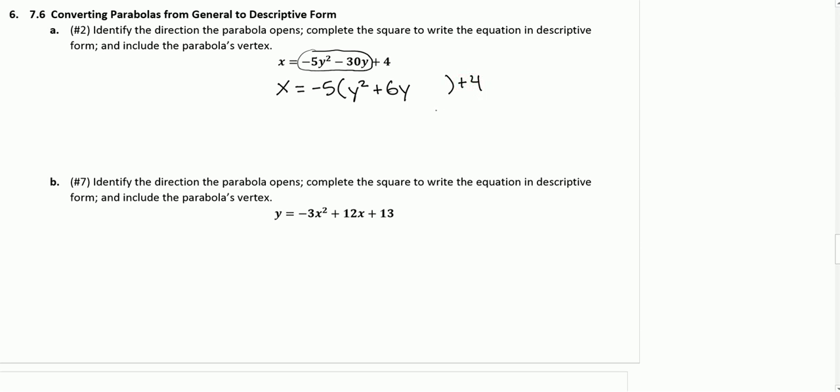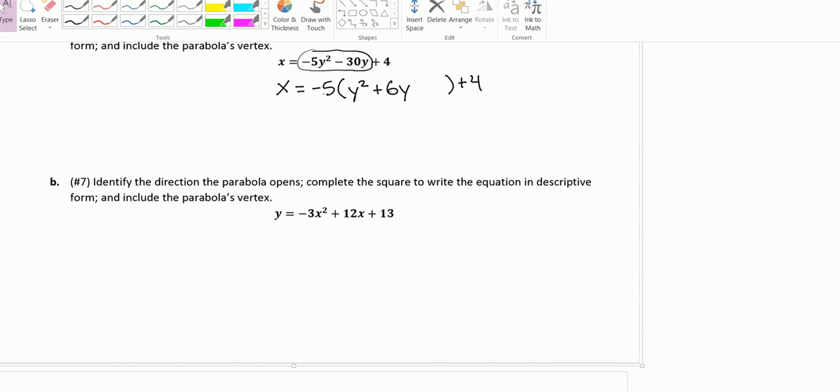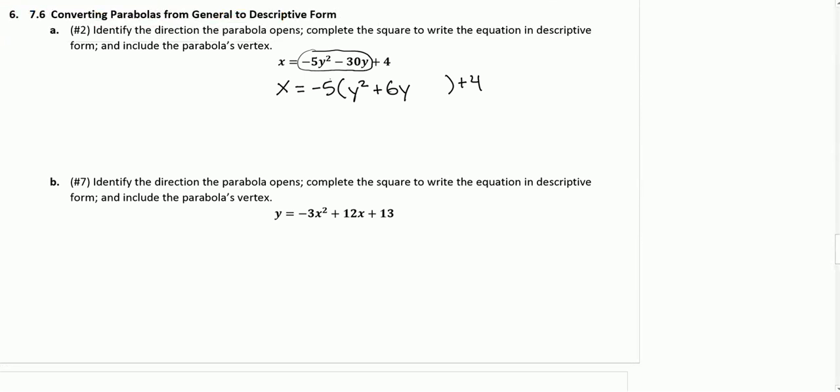Okay, and you can always check to make sure you did this right by going back and distributing, saying, okay, well, if I multiply negative 5 times y squared, do I get negative 5y squared? Yes, we do. And negative 5 times 6y would be negative 30y, and you got the plus 4 tagged on at the end. So we haven't made a mistake. Everything's good. We're getting ready for it to be put in its correct form.